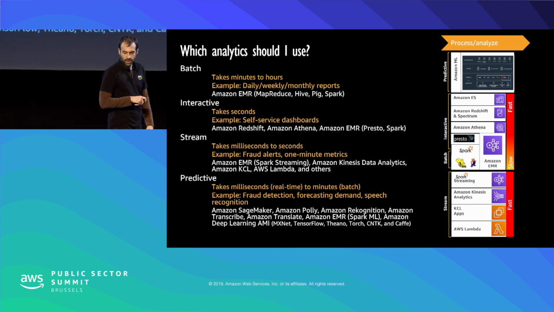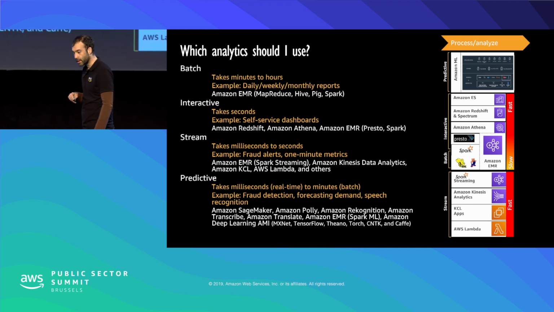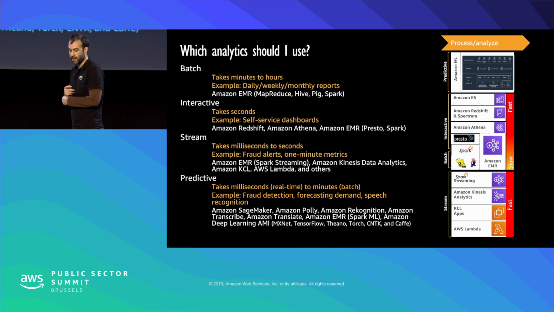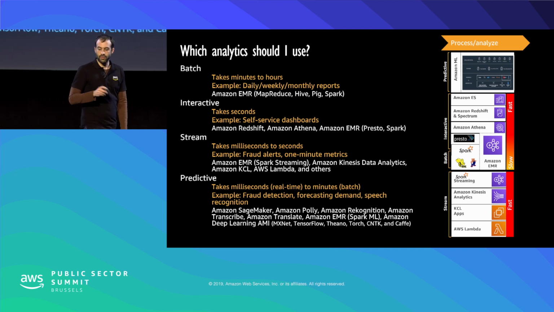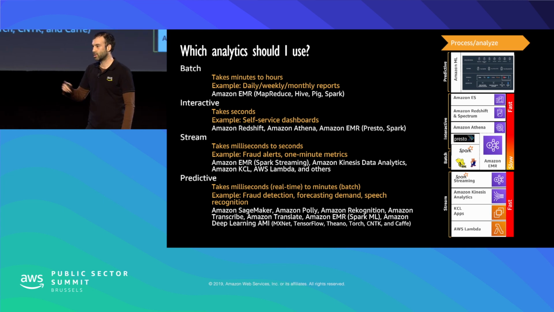When it comes to stream analytics, again, with EMR you can utilize Spark streaming, or those Kinesis data analytics services. And predictive analytics will be either batch or streaming, depending on which service you use.